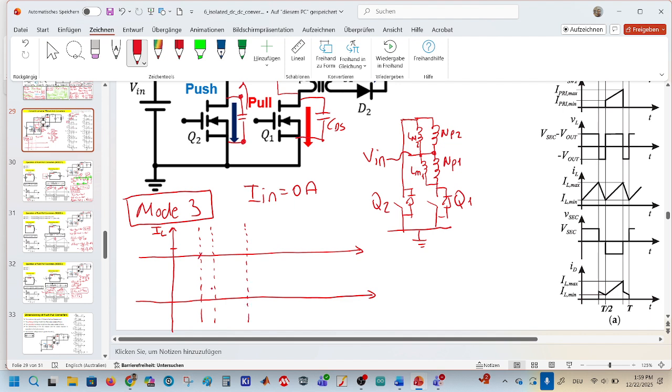And this would be the minimum input current and the maximum inductor current. Mode 1, mode 3, mode 2.